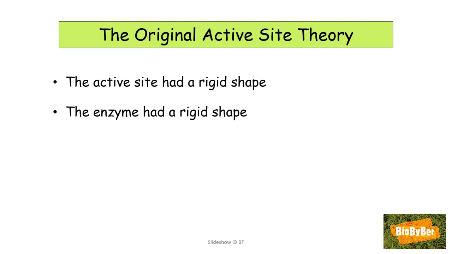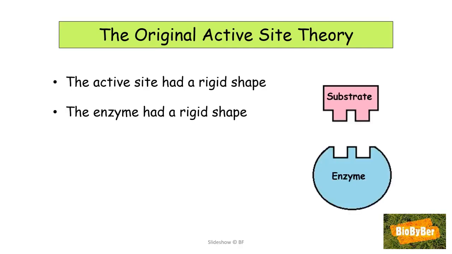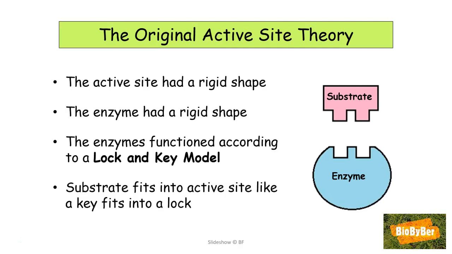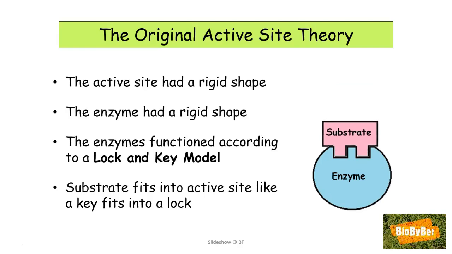It stated that the enzyme had a rigid shape also. The enzymes functioned according to a lock and key model. The substrate fits into the active site like a key fits into a lock, and they had to be an exact match for the reaction to be carried out.